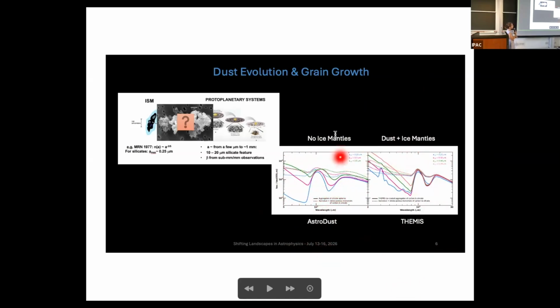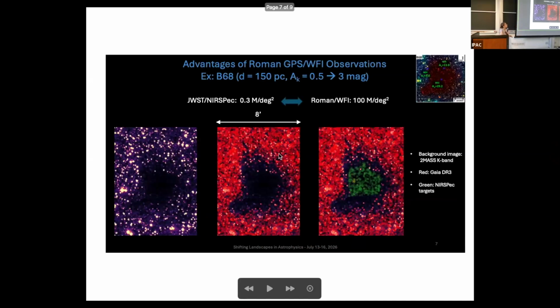The different curves are for different grain sizes. From blue to green, the grain size increases, and you can see that the opacity flattens from smaller wavelengths to longer wavelengths.